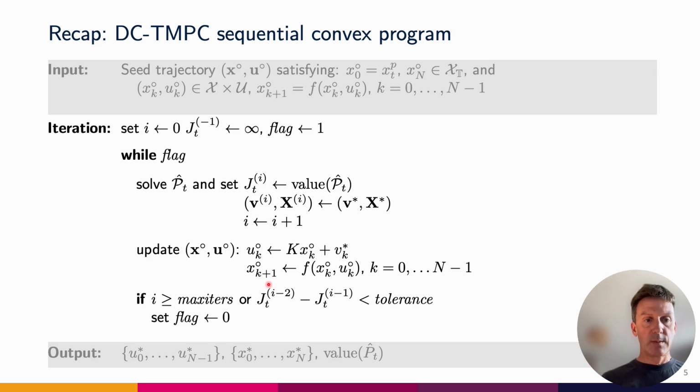This solution estimate is obtained as a trajectory of the nonlinear system model, and we simply update this trajectory at each iteration, relinearize, resolve the optimization problem, and this defines the sequence of convex optimization problems.